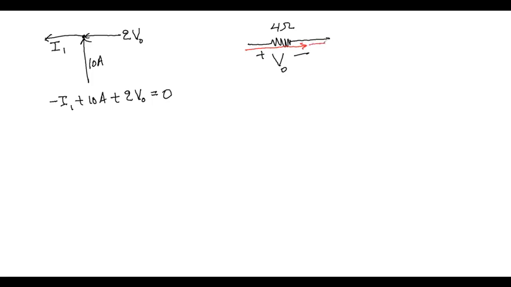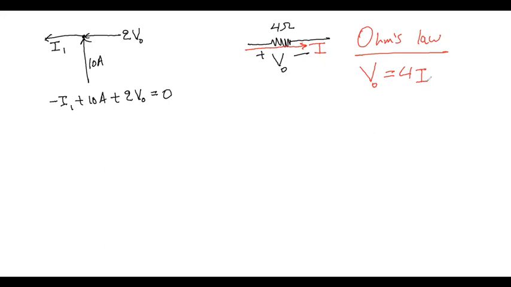Let's say this current is I. Using Ohm's law, V0, the voltage across the 4 ohm resistor, is equal to I times R. The resistance is 4 and the current is I, so V0 equals 4 times I.